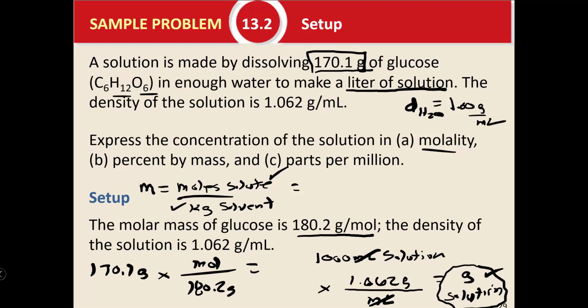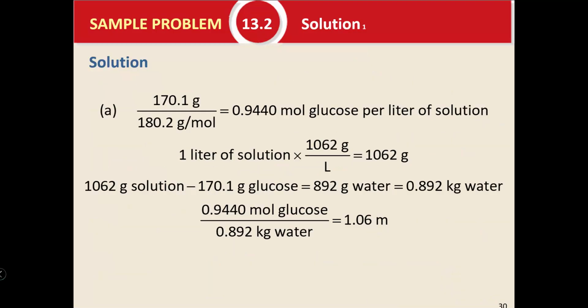They do a much better job at this than me, right? All right, so here, I don't like how they did the division. I'd rather you write it like 170.1 grams and then multiply by 1 mole per 180.2 grams. That's the system we use in chemistry; they did this to save space.